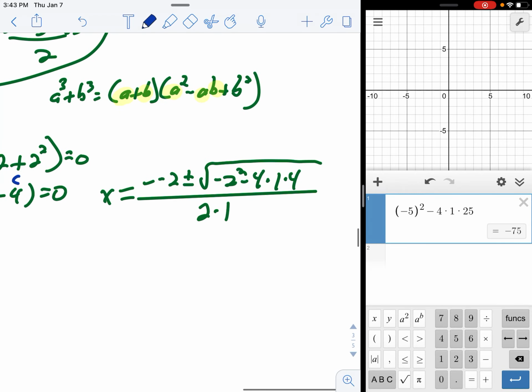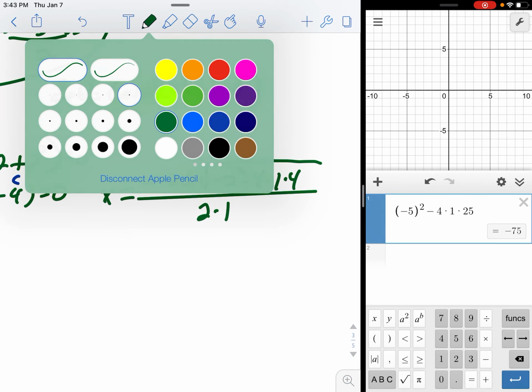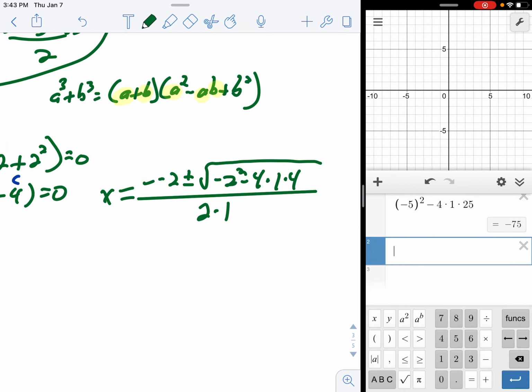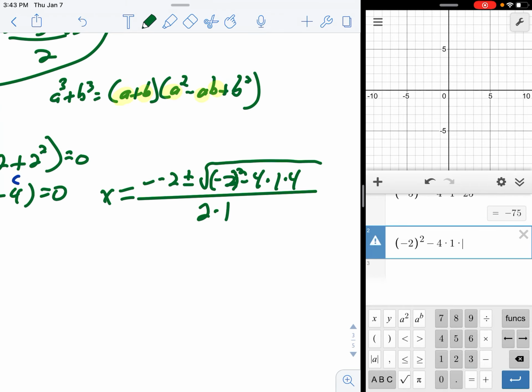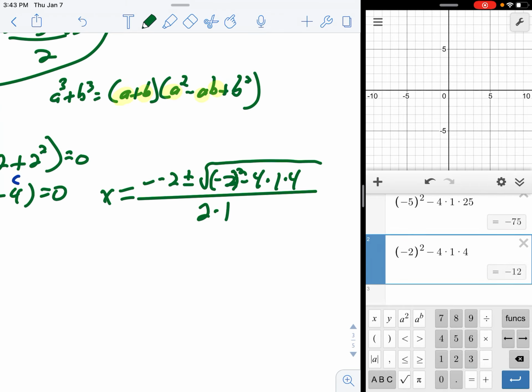All right, so if I simplify this, I'm going to do the discriminant part in the calculator, and it's real important that I put parentheses there. Without those parentheses, I will get the wrong answer. So (-2) squared minus 4 times 1 times 4 is -12.